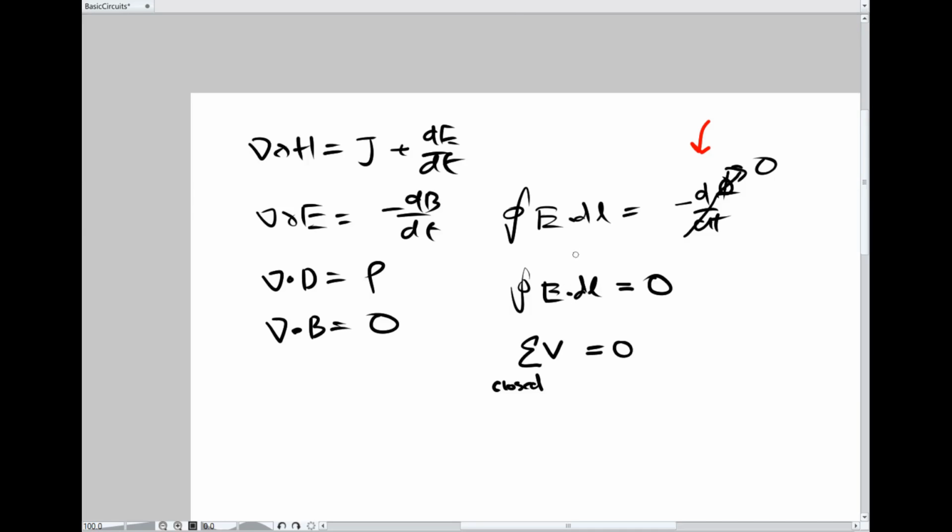Because there's a dot product here, it's technically a line integral. I misspoke. Voltage is the line integral of electric field, just as energy is a line integral of force, right? Voltage is energy, essentially. Electric field is force per coulomb. Voltage is energy per coulomb.